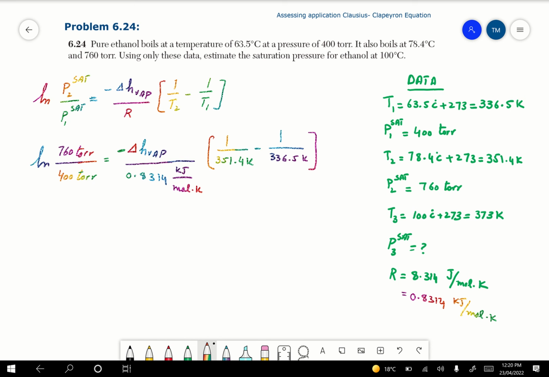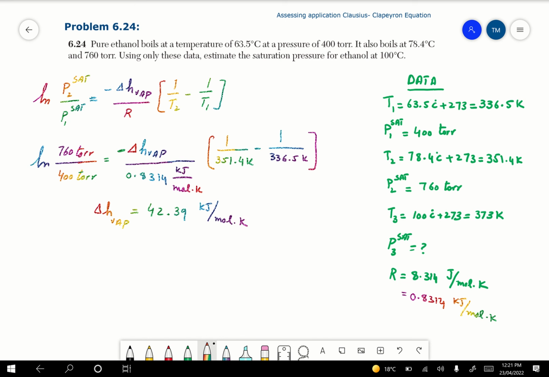and we can get the heat of vaporization by solving this equation, and that is approximately, you can use your calculator, 42.39 kilojoule per mole.